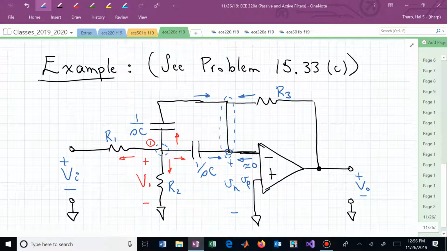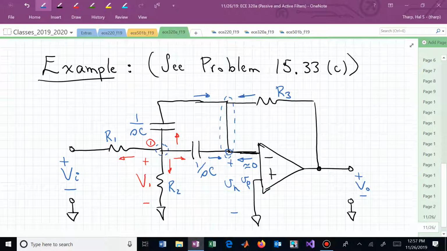Are we clear on what we're doing or why we're doing it and how we're doing it? Yes. Is there a reason why I make all the currents going in instead of going out? Nope, just to confuse maybe. I'm just showing you that it doesn't matter. You could have said, you know what, I feel more comfortable going out.